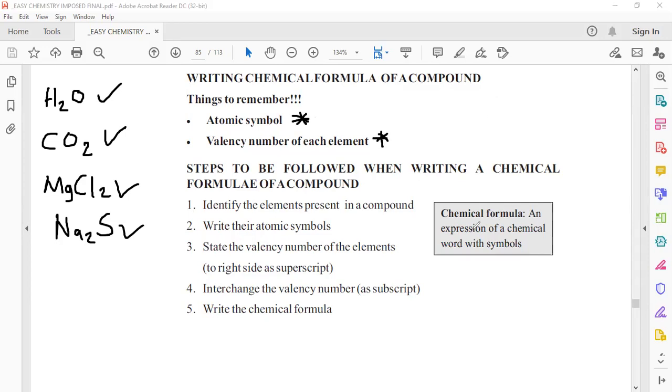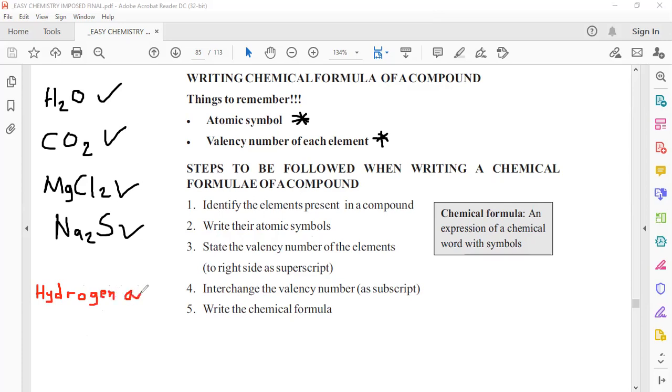So what happens is, for you to come up with these particular chemical formulas, they're going to give you the name of a compound. For example, allow me to use hydrogen oxide.